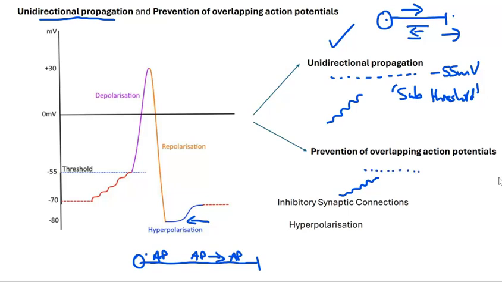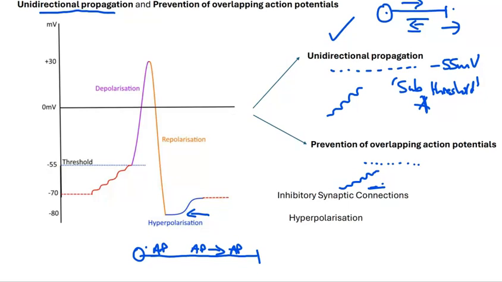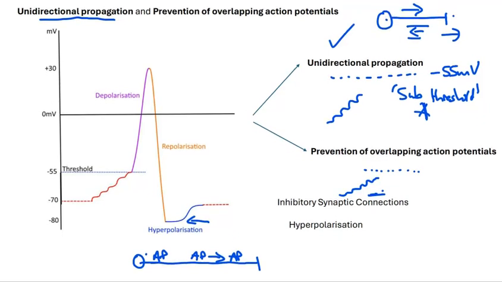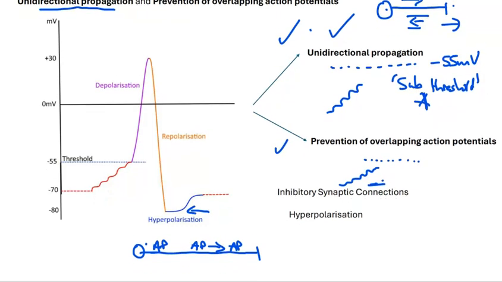It's starting from too deep a point, and so again we end up with the same explanation up here of subthreshold depolarization and with no response. So this is a way in which we maintain impulses going in one direction and that they don't actually overlap action potentials.